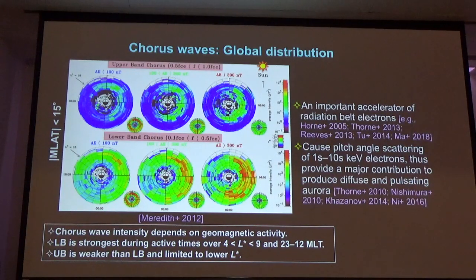AE, Kp, etc. are not causal regulators. And if we want to embed these effects in global simulations, we need to have some way of specifying the precipitation into the loss cone that's going to produce diffuse aurora or whatever, that we can embed in a global simulation, causally regulated, so it's all self-consistent in some way.